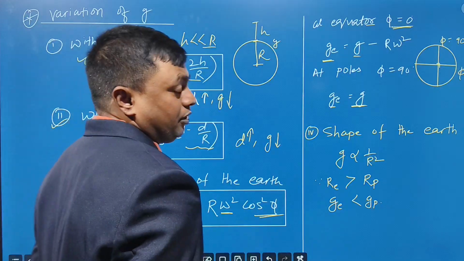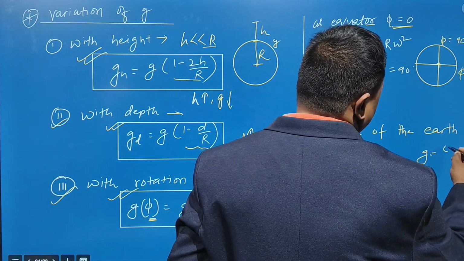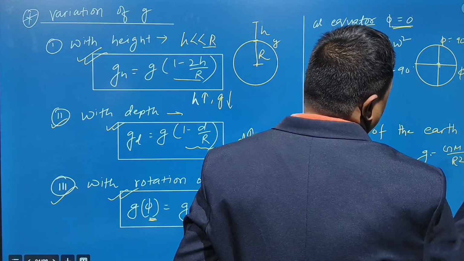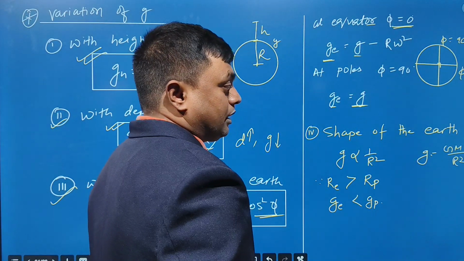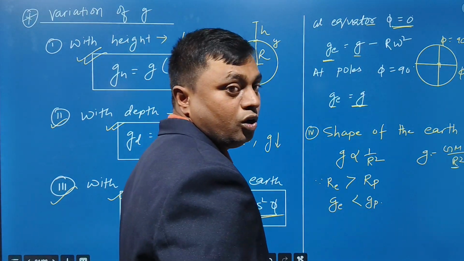Or otherwise we can say, due to the shape of the earth, from the expression what we learnt, small g is equal to capital G capital M by r square. As capital G is constant, M is constant, but the radius of earth is not constant.